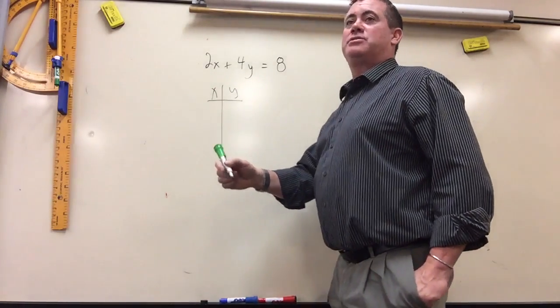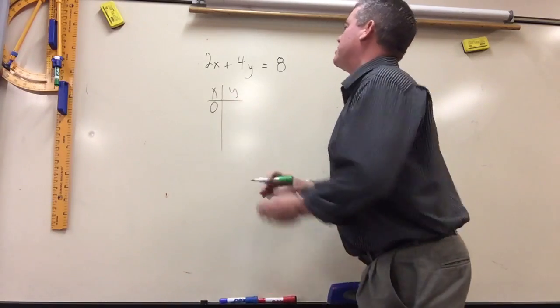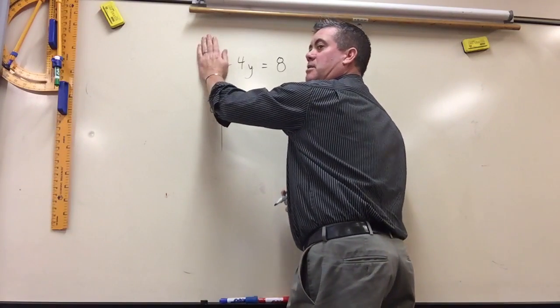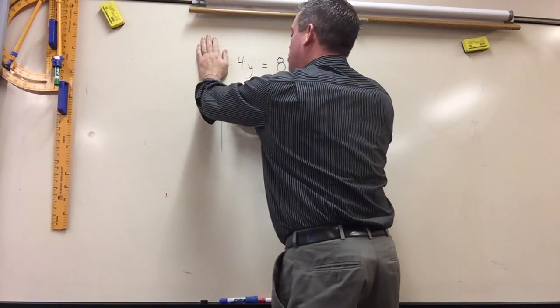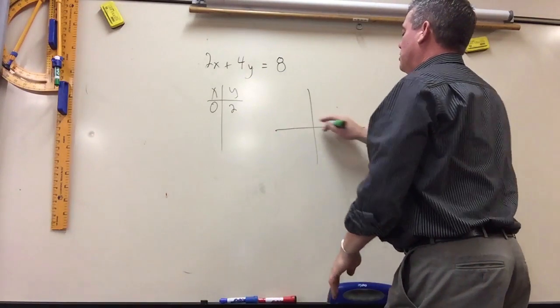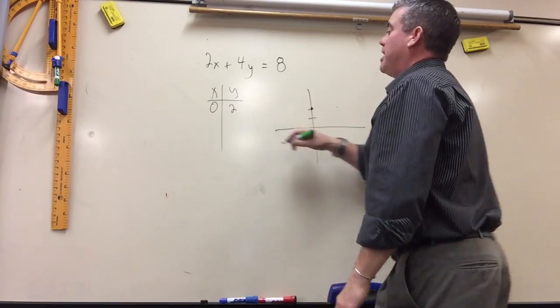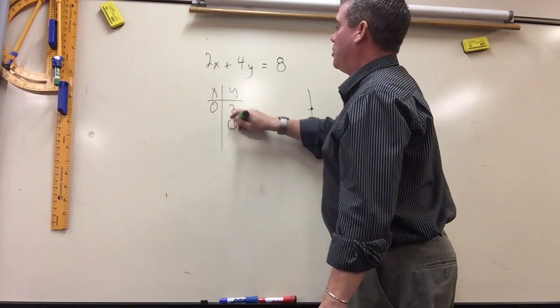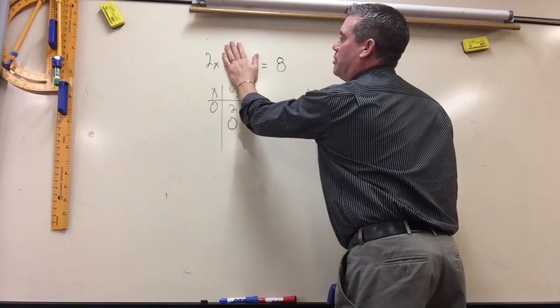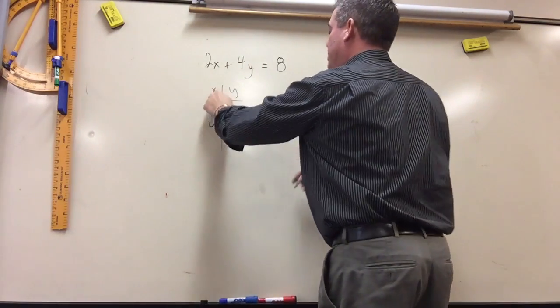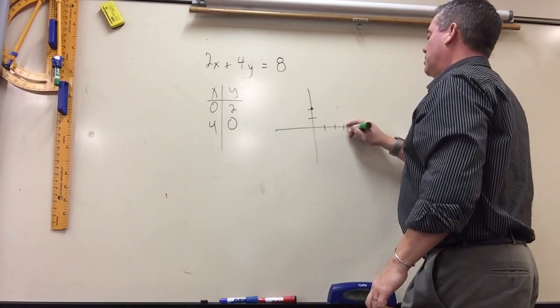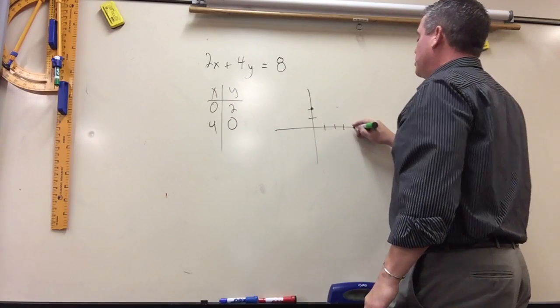The x and y intercepts are, if you put 0 in for x, that would disappear. What would y have to be? 2. So the y-intercept is 2. To find the x-intercept, we put 0 in for y. That would make 0, so what would x have to be? 4. So that's the x-intercept at 4. And then you could draw the line that way.